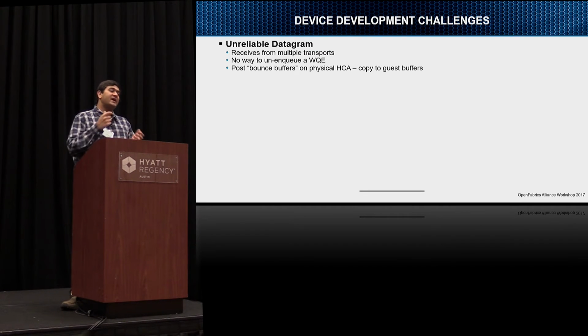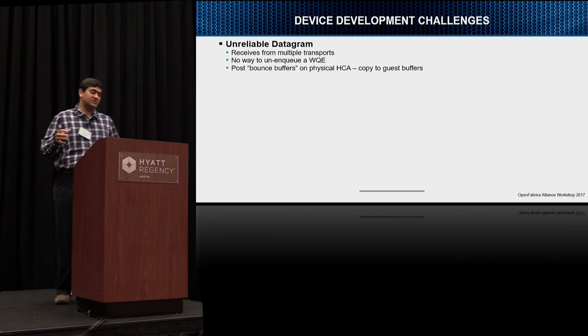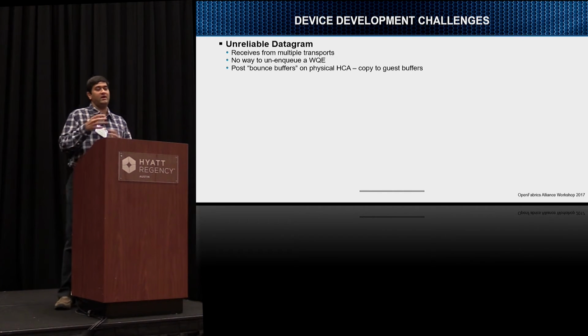This shadow copying is simpler for UD, because UDs are confined to your maximum MTU size, which limits the amount of bounce buffers we can post. So it's a way to work around UD receives, but that's something we had to do anyway, unfortunately.